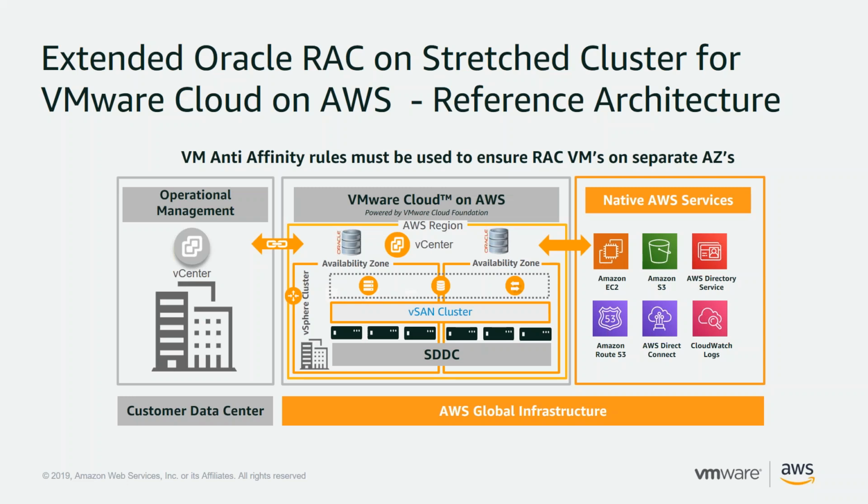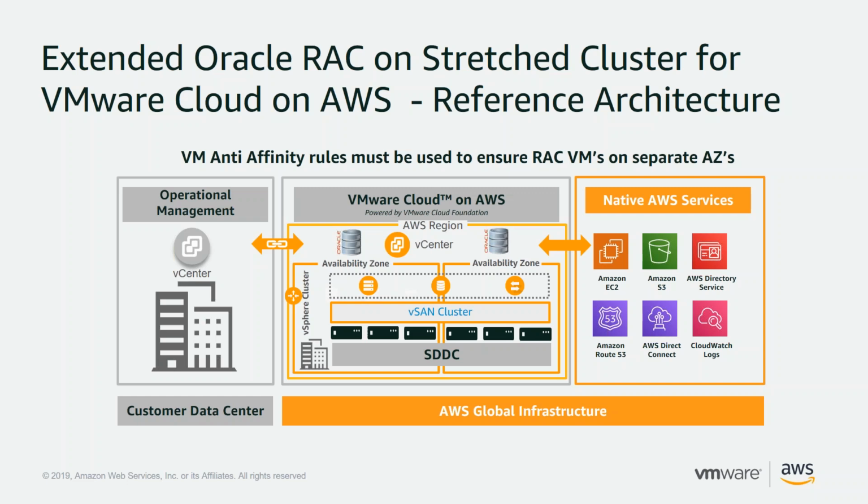Running extended Oracle RAC on stretch clusters for VMware Cloud on AWS provides the same advantages as traditional Oracle RAC across data centers and sites, in addition to the AWS AZ level protection that stretch clusters for VMware Cloud on AWS provide.